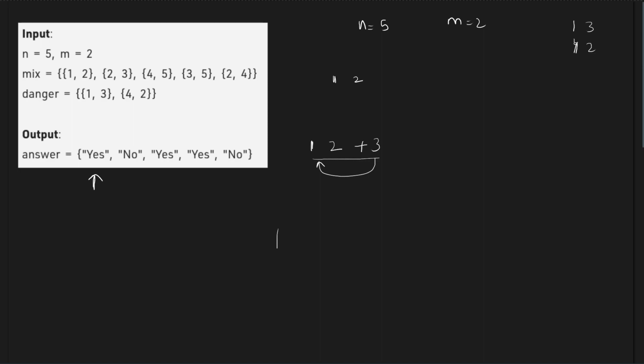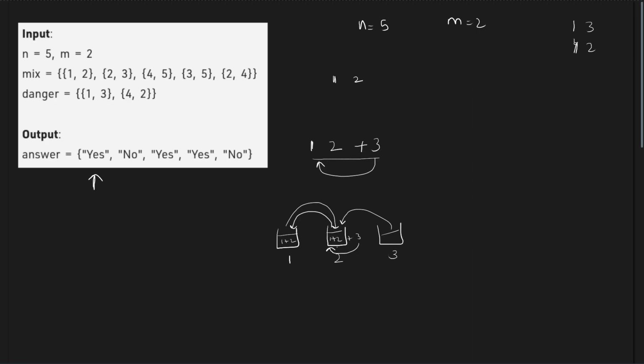It's more like, for example, if 1 was in this flask and 2 was in this flask, mixing 1 and 2 means that you mix both of them, so this will also have a mixture of 1 plus 2. Now if you put 3 here, it will have 1 plus 2 plus 3. So eventually 1 and 3 will be together, and this will cause an explosion. This is what we have to avoid, right?